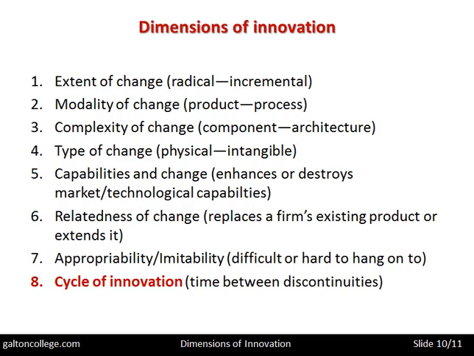We can contrast them. We can look at going from one to the next, the types, the extent of the change, radical and incremental, and the modality of the change from the product and the process, and so on. And that's what we mean by them. We'll see in a later video that we take some of these points and we're able to put them onto a small diagram which will again help to understand clearly the distinction between these.